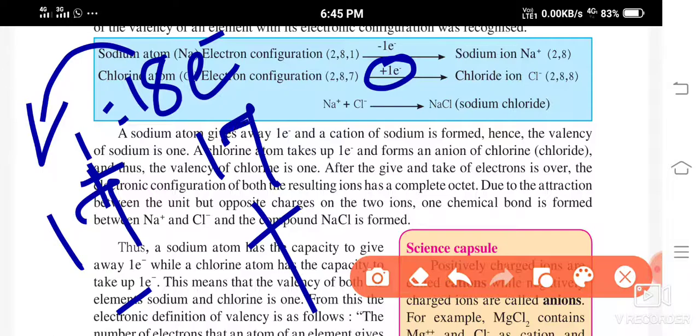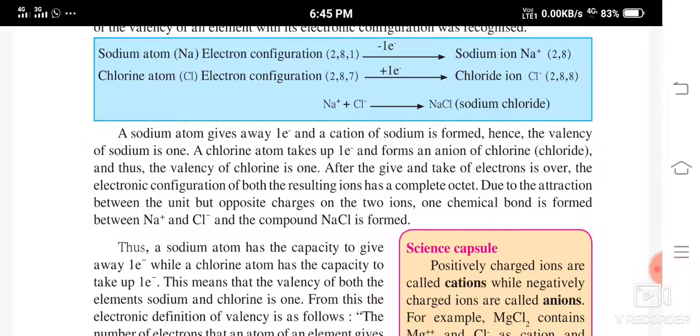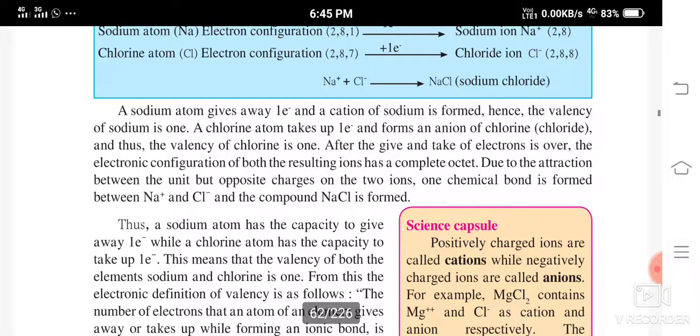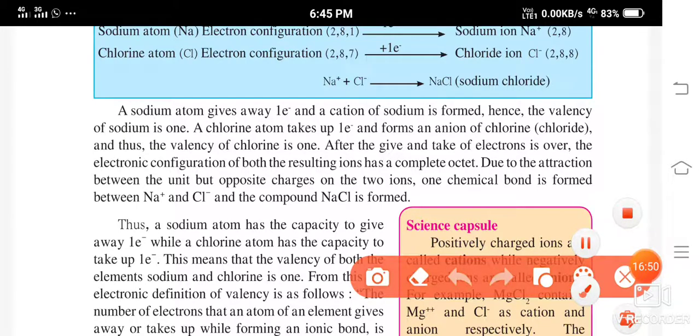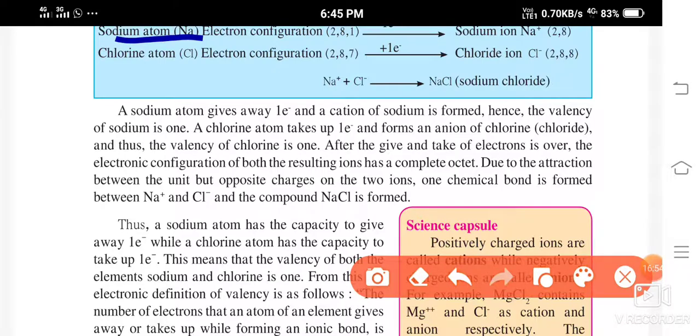But how many positive charges are there? 17 only, right? So 1 electron is more. Naturally, that is why this became an anion, that is the Cl minus ion. Now in both the cases you saw 1 electron is taking part in the reaction. That is why we say that the valency of sodium is 1 and the valency of chlorine is also 1.